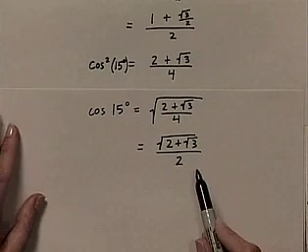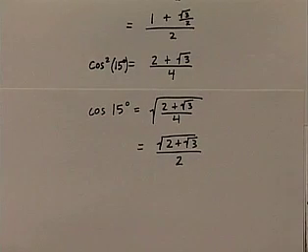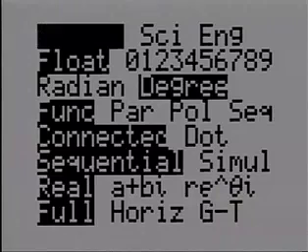Now we're going to verify this result by using a calculator. And so let's go to our calculator and make sure that we're in degree mode. That's one thing to always check. And next, then we're going to go to our home screen, and I'm going to first start off by evaluating the cosine of 15 degrees. That gives me a decimal approximation. And next, I'm going to take the result that we came up with.